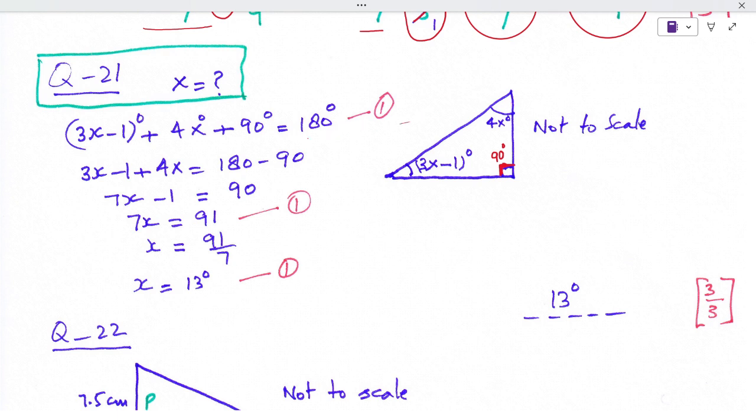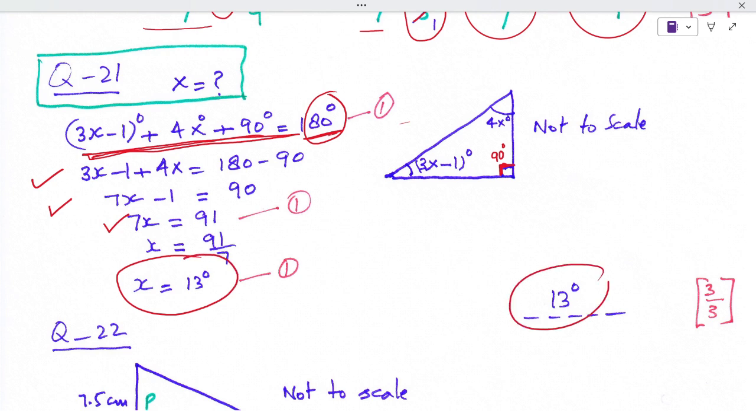So we add all 3 angles, which are 3x minus 1 degree and 4x degree and 90 degree, and equate them to 180 degree. And then open up the bracket. 3x minus 1 plus 4x is equal to 180 minus 90. 3x plus 4x is 7x. 7x minus 1 is equal to 90. X is equal to 13 degrees is the answer, and 3 marks are scored.